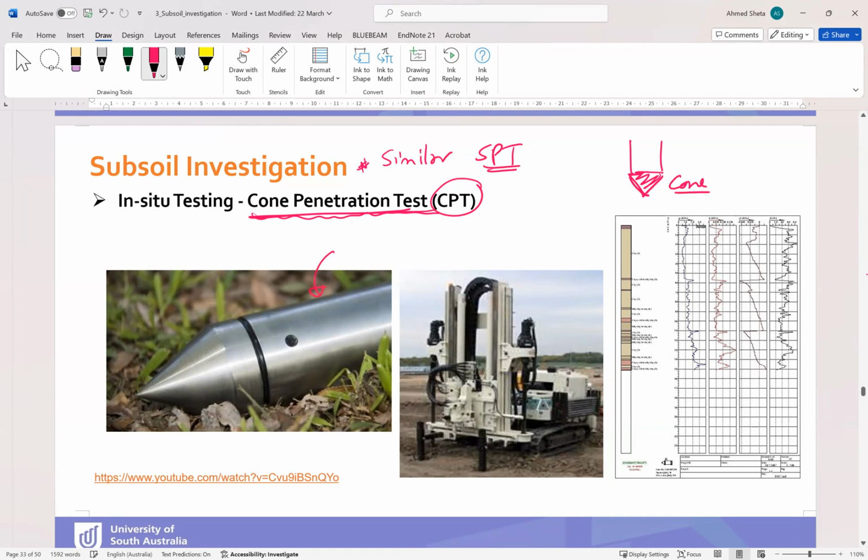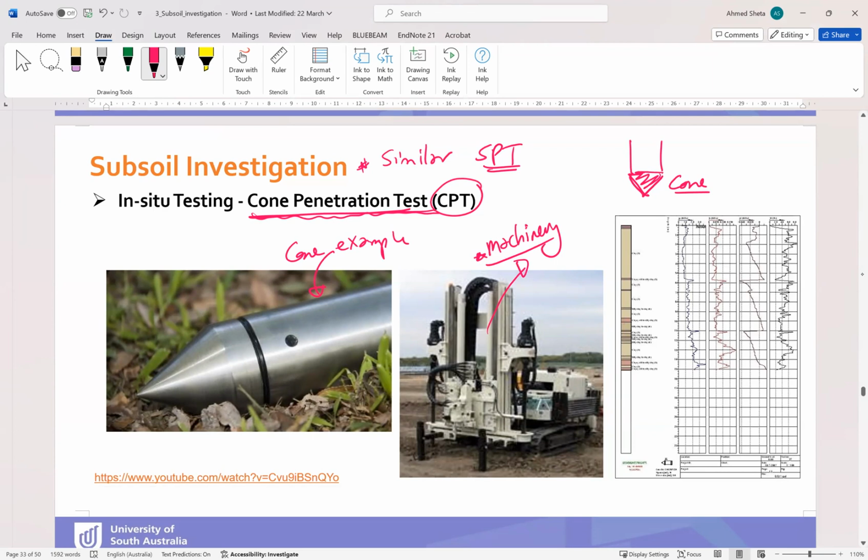This is an example of the cone. And we have this cone sending some pulses into the soil. And this is the machinery that is used to push the cone into the soil.